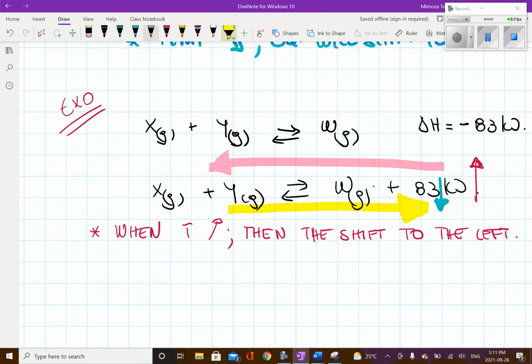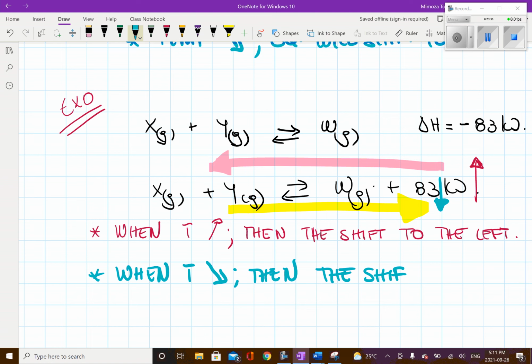So in an exothermic reaction, when temperature is decreased, the shift will be to the right. Okay?